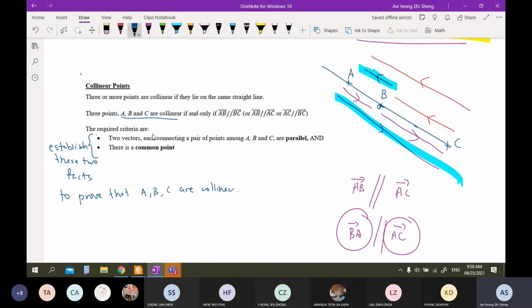For example, take AB and AC and show that they are parallel. Notice that there is a common point involved: if you take AB and AC, A is a common point, and if you take BA and AC, A is a common point. So there must be a common point, and only then can you claim that they are collinear. So there are 2 things to establish. Okay, next.